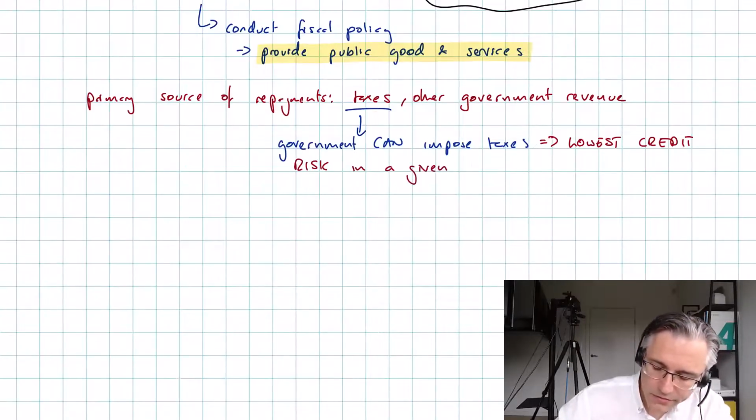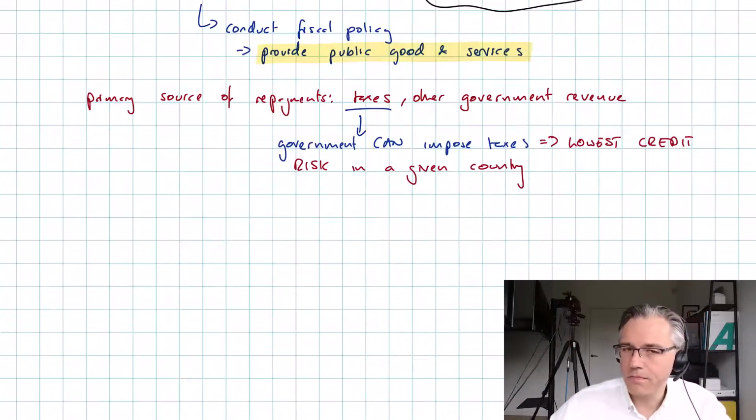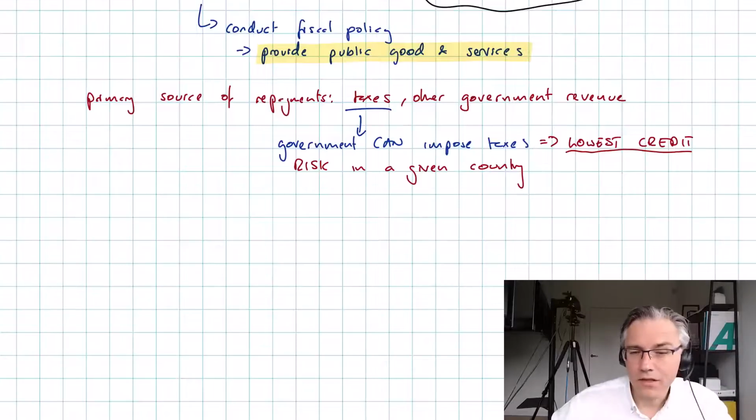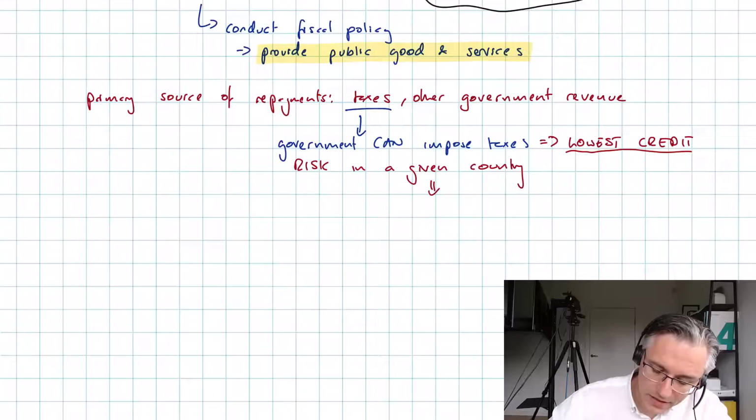That kind of is assumed. Obviously, sometimes that doesn't work when a country goes bust, and potentially a company may be less risky than the government of the country in which that company operates, but the government will typically be the lowest credit risk in a given country, and we will assume that in the case of developed markets.